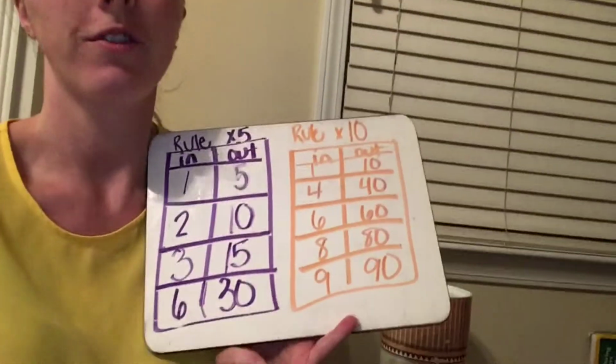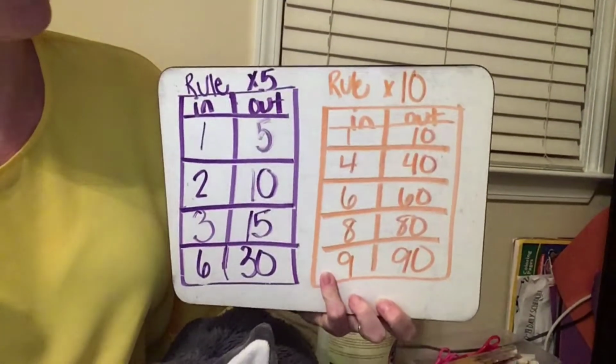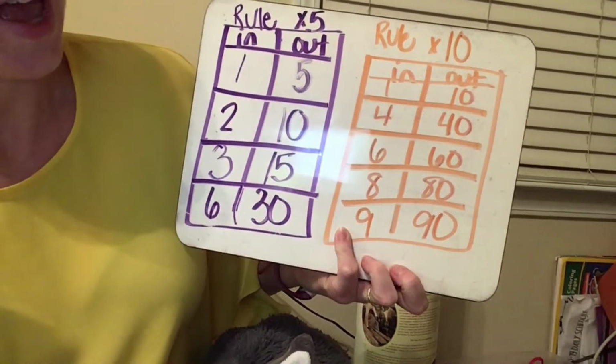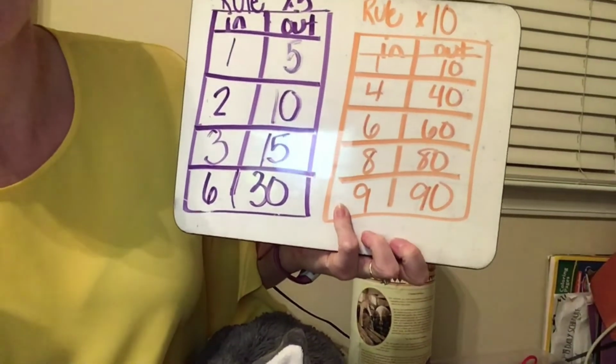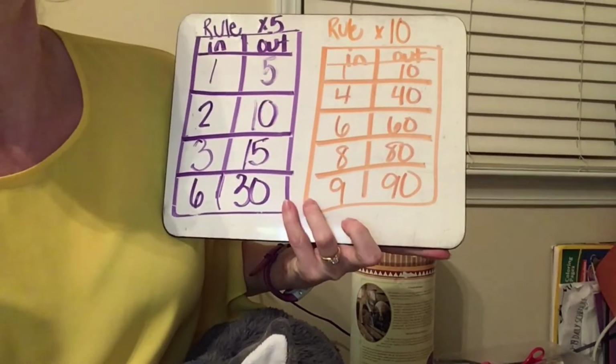Now, let me show you a couple more just to make sure that you understand this. So if I'm looking over here at the multiples of 5, I can see that it's 5, 10, 15, and then I skipped a few because my in was a 6, so my out was a 30.